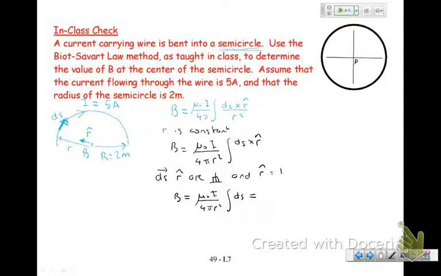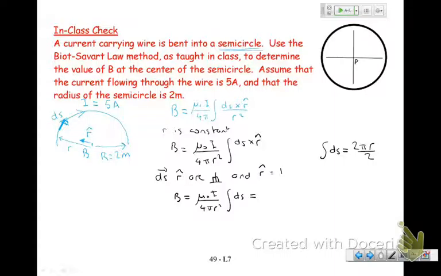And in this case, integral ds is going to be 2 pi r over 2. If it was a third of a circle, 2 pi r over 3. If it was 16/17 of a circle, it'd be 2 pi r times 16/17. Okay, so that's pretty straightforward.